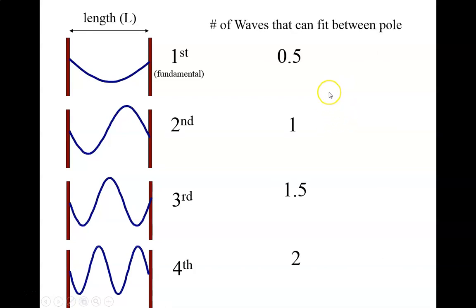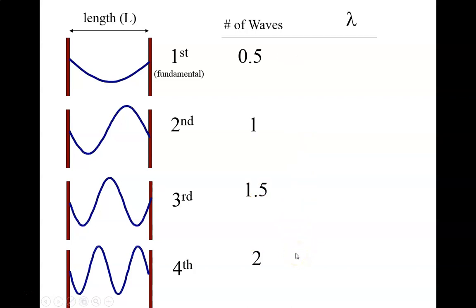Okay, waves that can fit, I already kind of went over this. Half a wave between the two ends in the first standing wave, one full wave in the second, 1.5 in the third, and 2 full wavelengths in the fourth harmonic. Now if we actually calculate the wavelength, for the first one, because I could only fit half a wavelength through here, the wavelength is 2L.